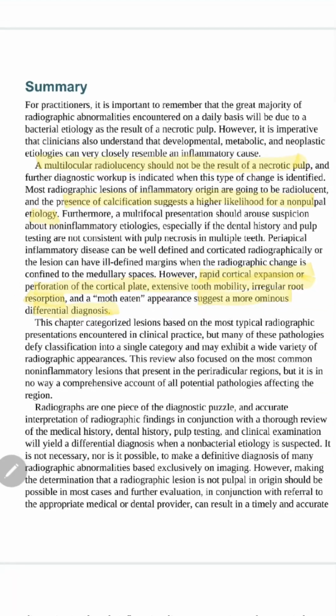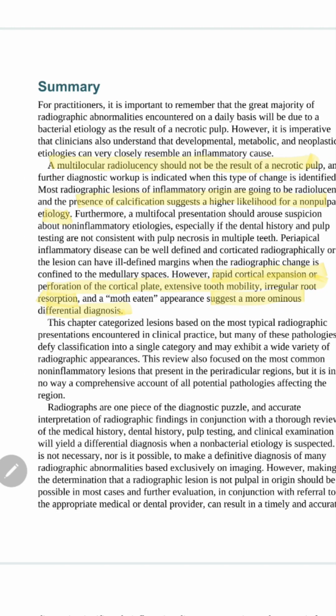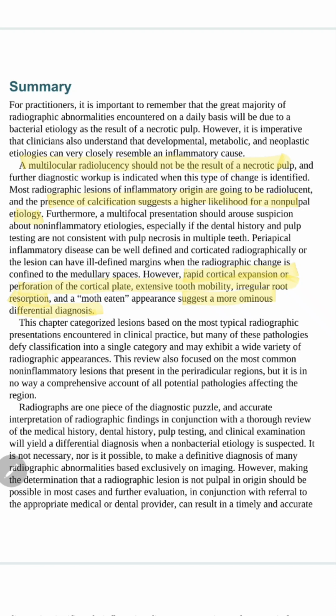Let's summarize things up. A multilocular radiolucency should not be the result of a necrotic pulp. The presence of calcification suggests a higher likelihood for a non-pulpal etiology, except for the two lesions that we talked about: condensing osteitis and the sinusitis of endodontic origin.